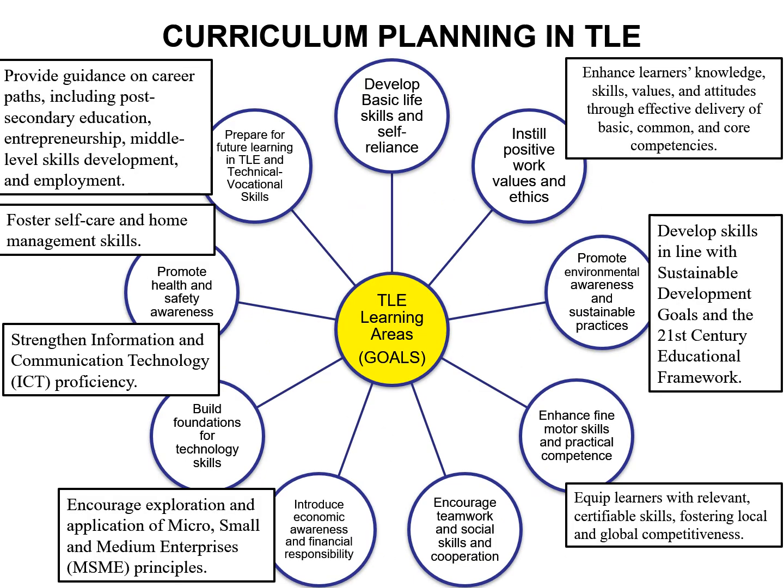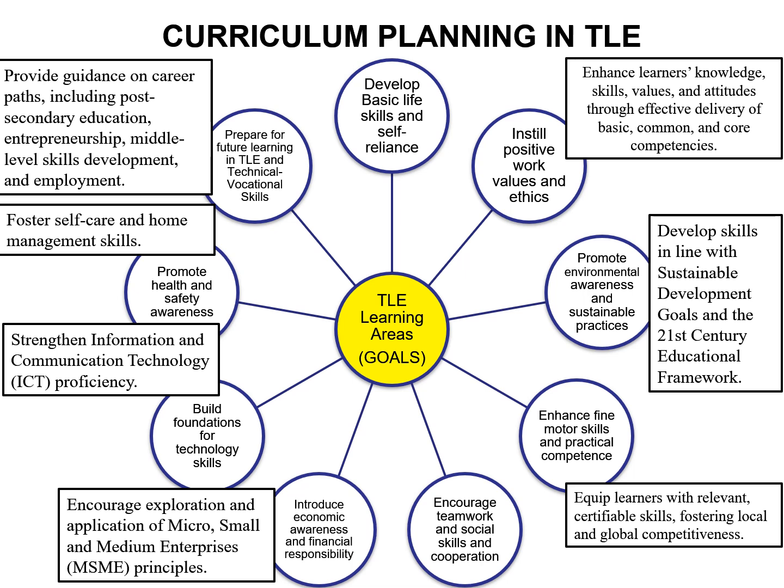In planning the TLE curriculum, we also have to be aware of the common goals that we need to achieve, knowing that TLE comprises four different learning areas: industrial arts, agriculture and agri-fishery arts, information and communications technology, and family and consumer science.